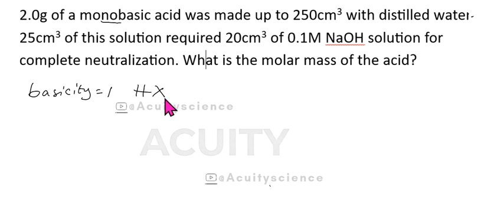So let's make an equation for this. HX plus sodium hydroxide in this case. Of course, acid and base will produce salt and water. Usually the salt is this positive to this negative.